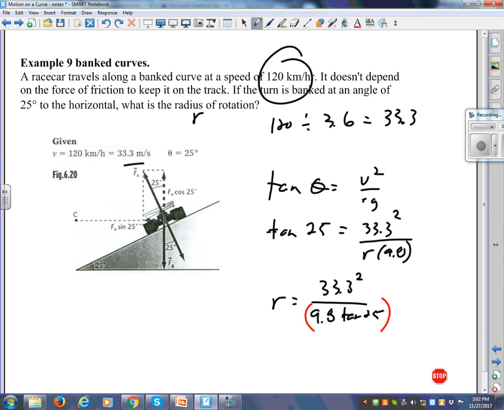Then right bracket to close that, and equals. And you should get 242.7 meters. One step. That's it, once you know the formula.